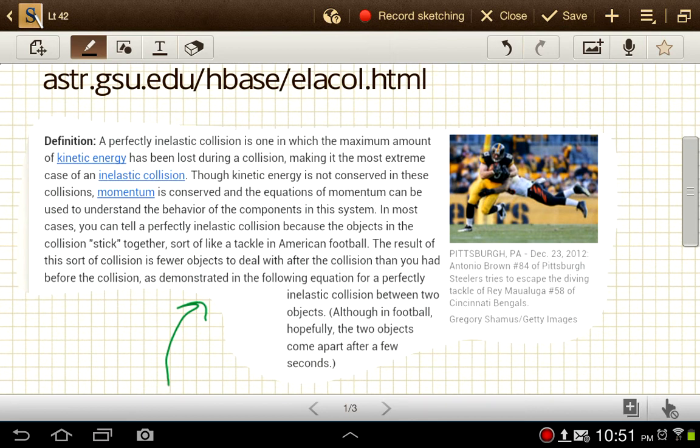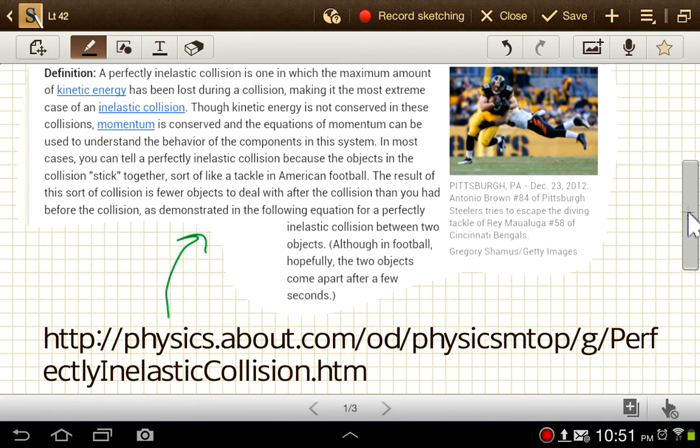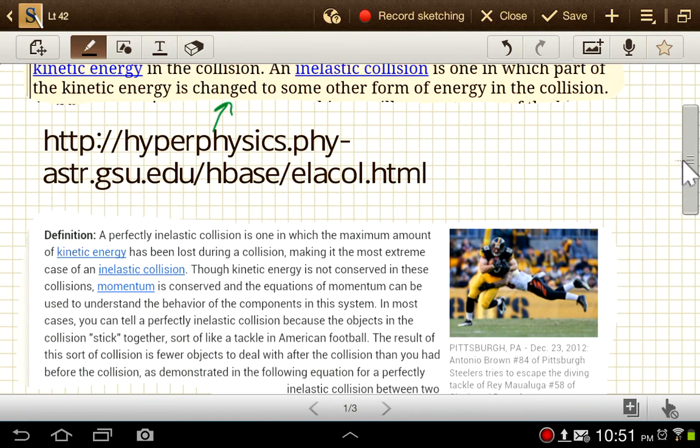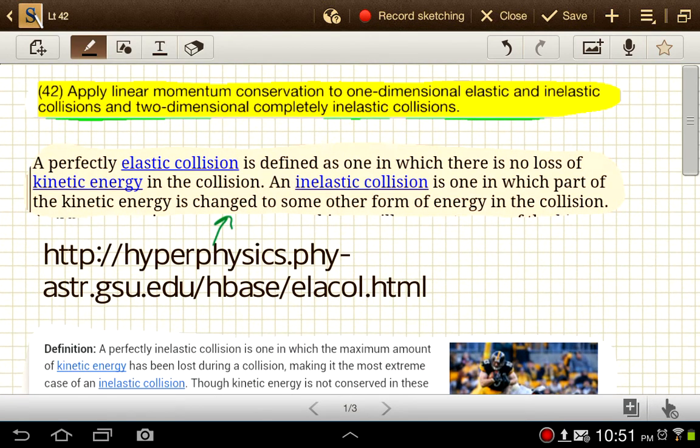After they make contact initially, and it's shown in this picture here, those two players are going to move together as though they were one large object. But in any of these cases, momentum is going to be conserved. So total momentum at the very beginning of the problem is equal to total momentum at the end.